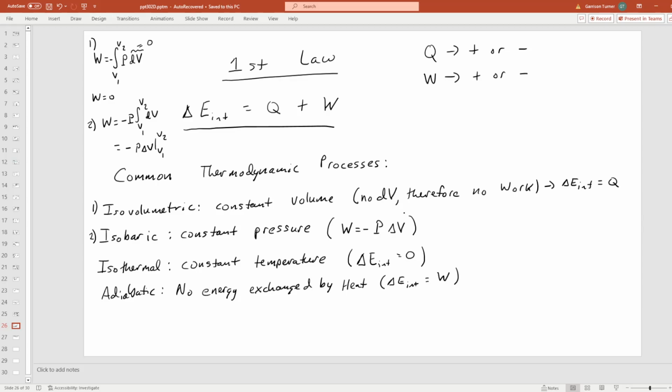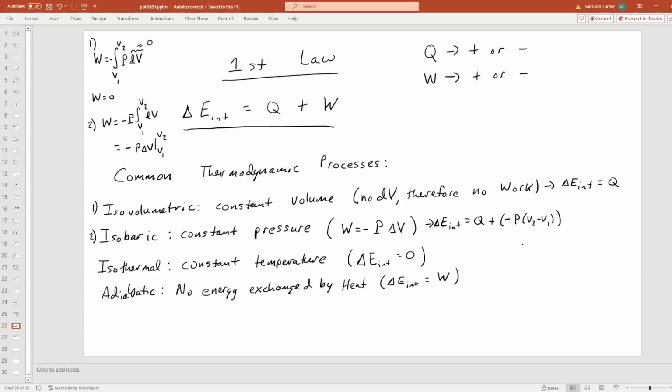And so your law still reads delta E int is equal to Q plus negative P (V2 minus V1).